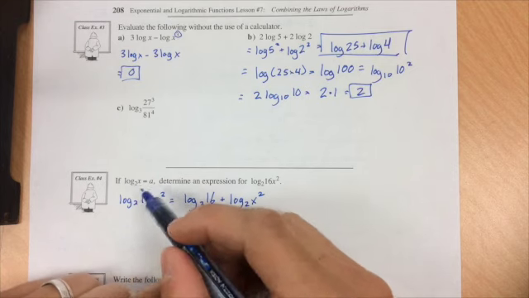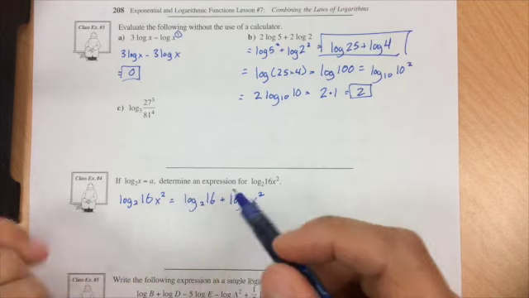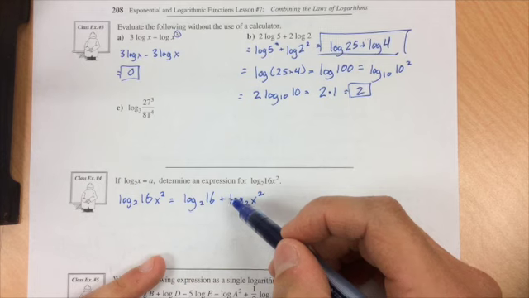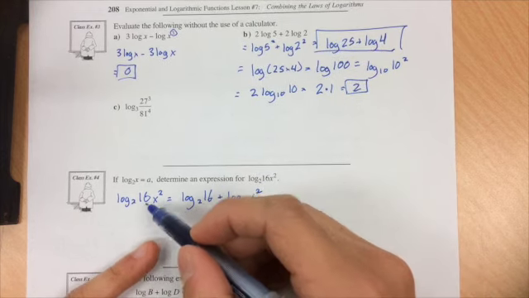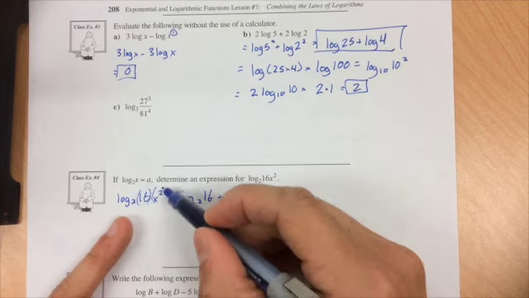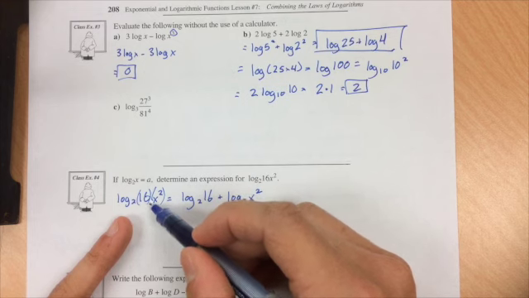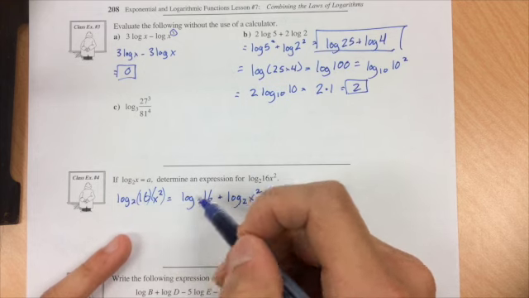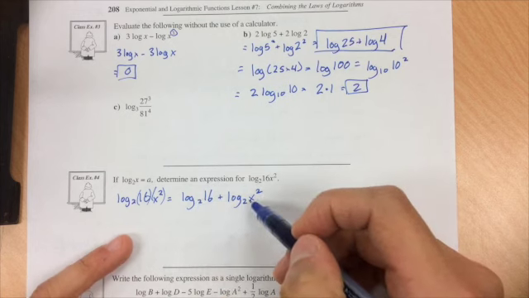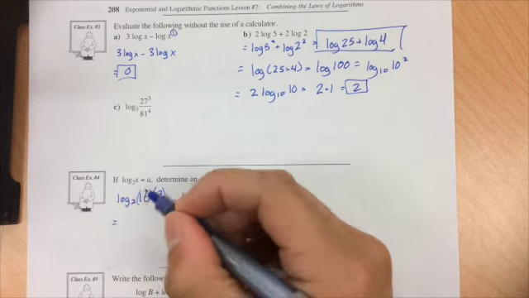The reason we can do this is because I multiplied. So what I'm doing is I'm using my product law, and I'm going the opposite way. So if I'm multiplying two arguments, I can also add those two arguments in their separate logs. All right.